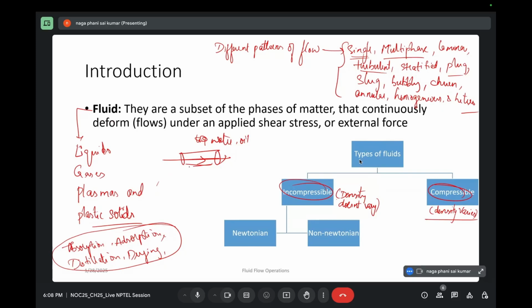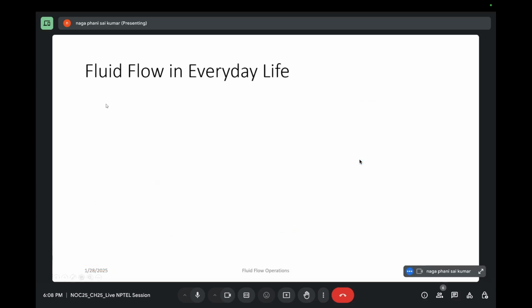In order to operate any of these processes, you need a basic understanding of fluid flow operations: how fluid flows in a pipeline, or how it interacts with gases or the vapor phase, that is, the interaction between liquid and vapor phase. You need to have an idea of all these concepts.